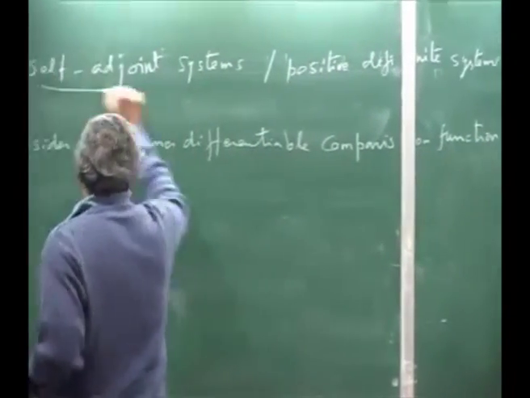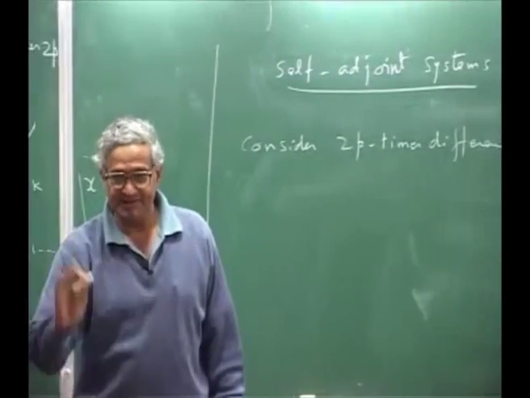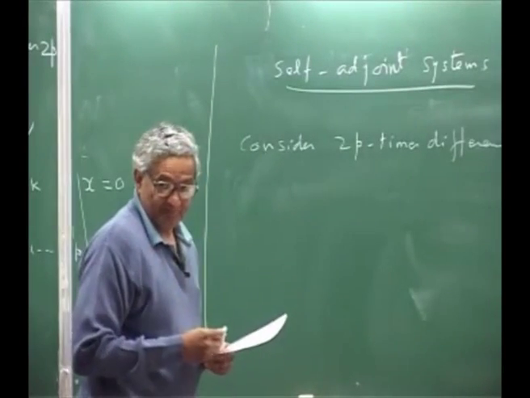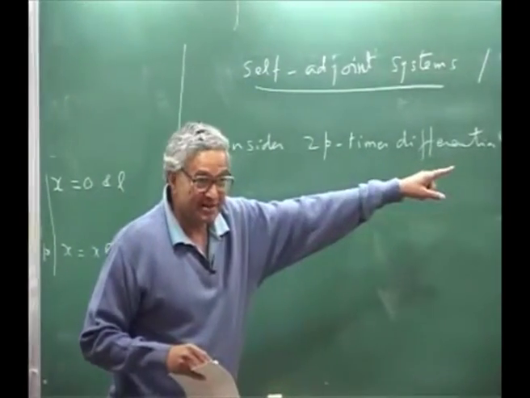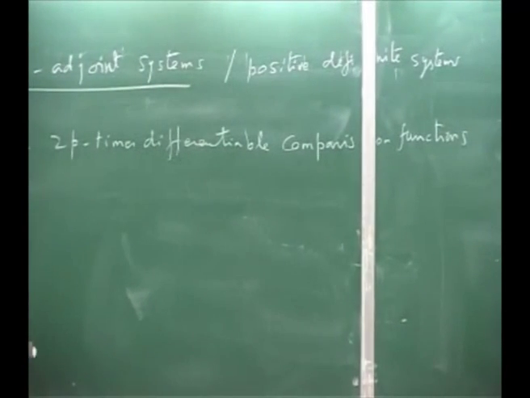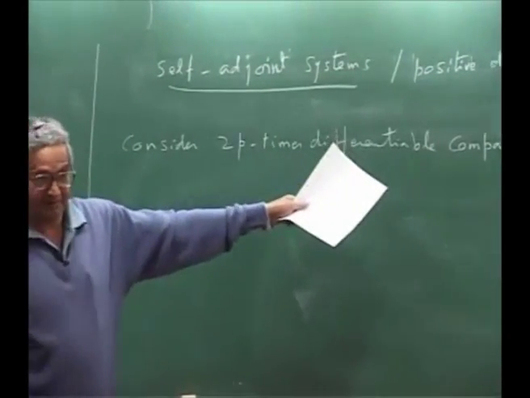What do we mean by adjoint? We have to define what adjoint means. If comparison functions satisfy, we are taking some functions which, of course, are all comparison functions.